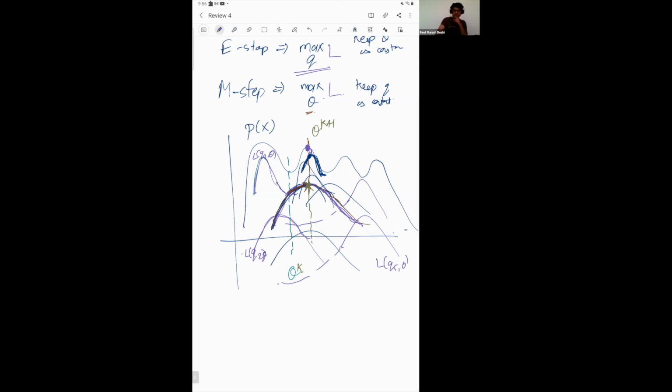So any doubts in this diagram? Should I go over it again? If you don't understand, I would be happy to. Just maybe indicate something in chat or show a thumbs up or unmute yourself.